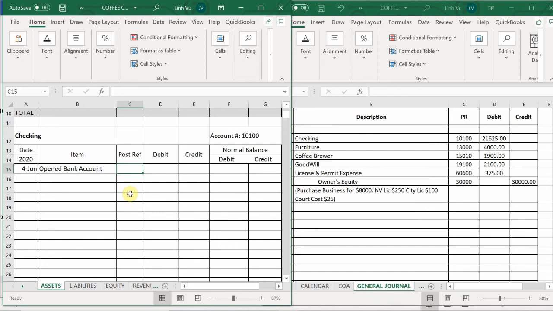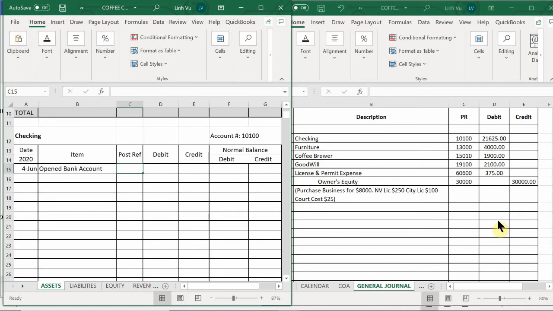You don't need to repeat information twice. However, when we're looking at the post reference on the ledger, you're going to be referring to where this transaction happened in your journal. So in this case, my post reference, that this transaction had occurred, that it opened up a bank account, happened on my very first general journal, page number 1.